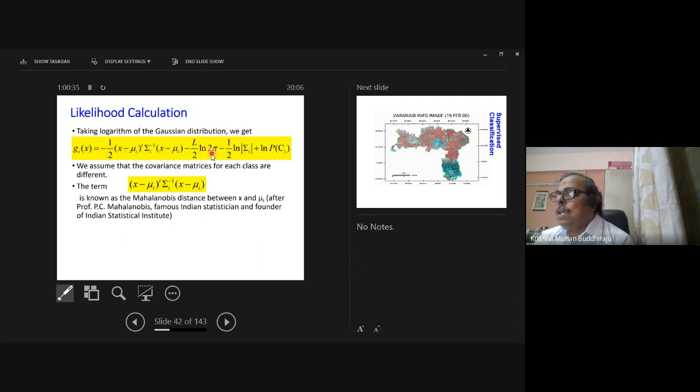Here, this is a constant anyway. This is pre-computed. Mean vector is pre-computed. The covariance matrix and its inverse are pre-computed. So for every new pixel, I have to make this substitution and compute this for all the classes and see which one is highest.